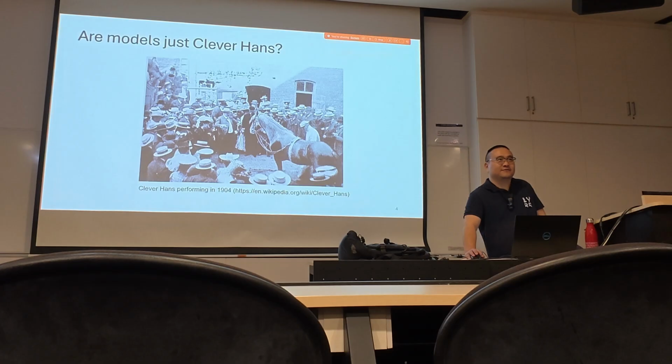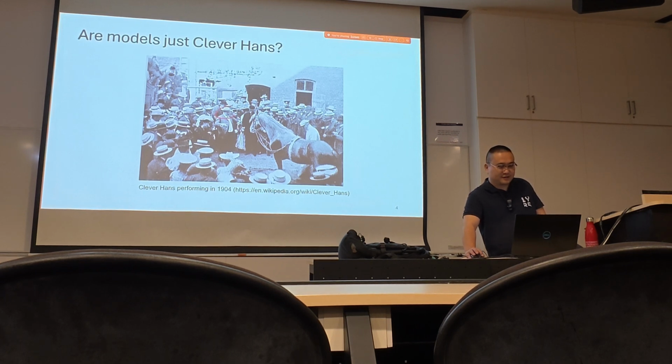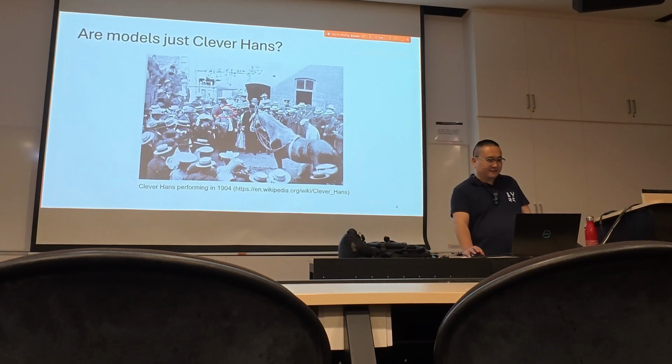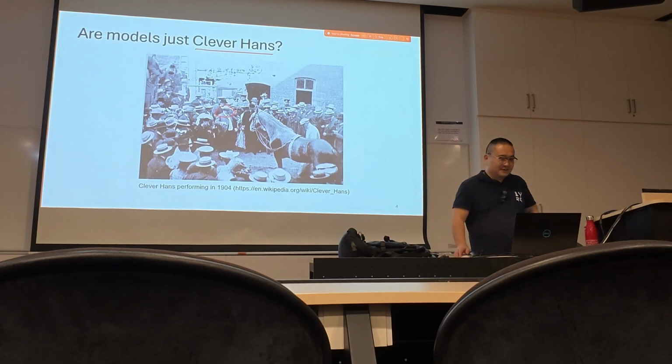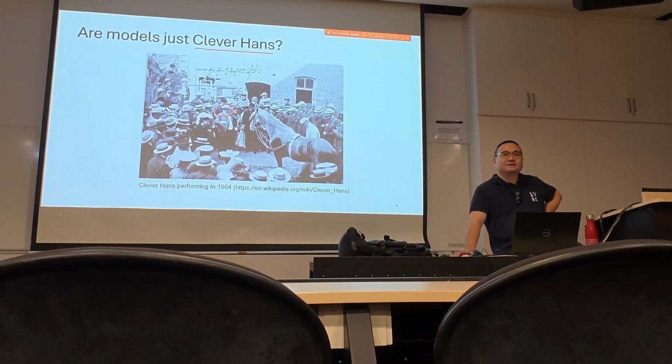The researchers figured out that Hans could not do calculation. Hans just grabbed the expression from the audience and also the expression from the trainer. So that was just cheating in calculation. Nowadays, people refer to such phenomena as Clever Hans. So the question is, are deep learning models or machine learning models just Clever Hans?